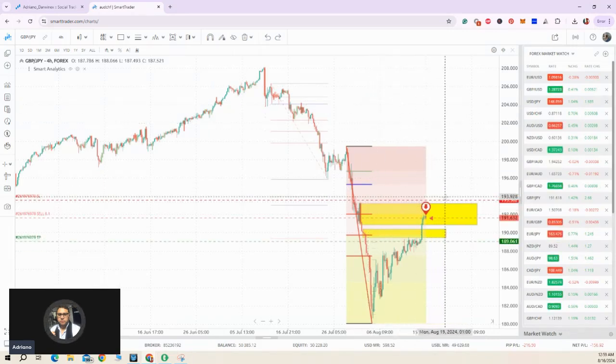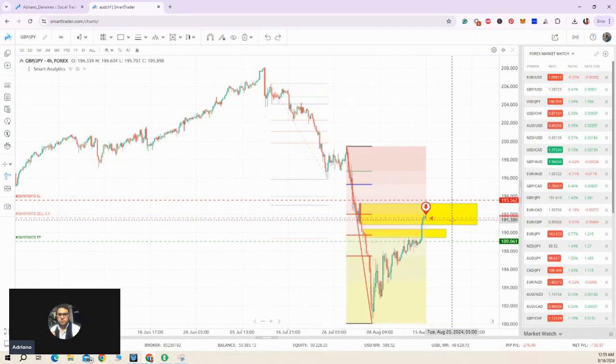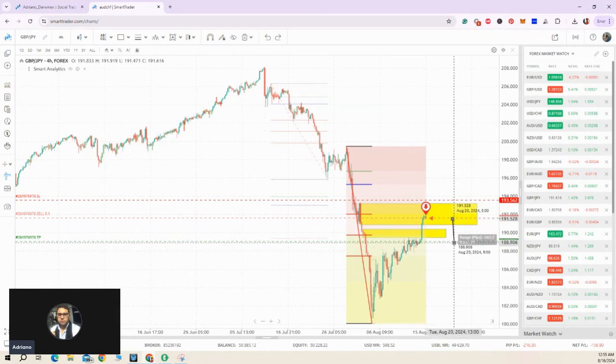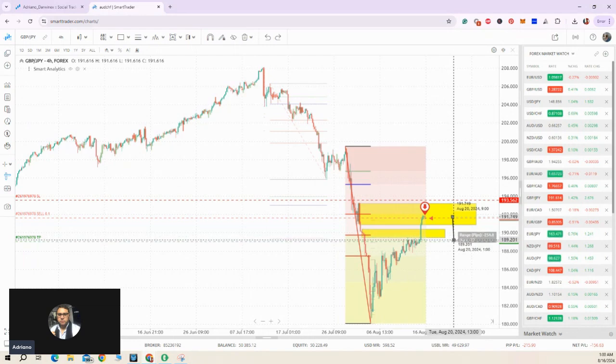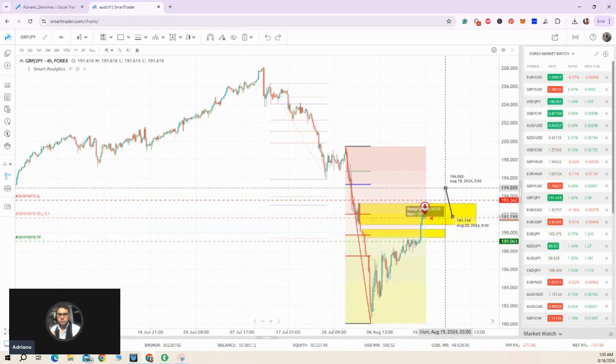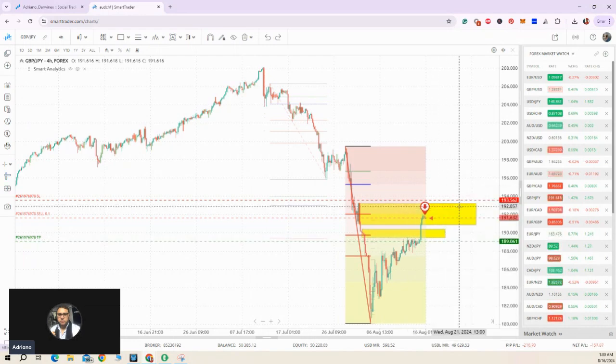So here the risk is gonna be 192 pips, and then the take profit will be, what is it, 250 pips. So it's good.